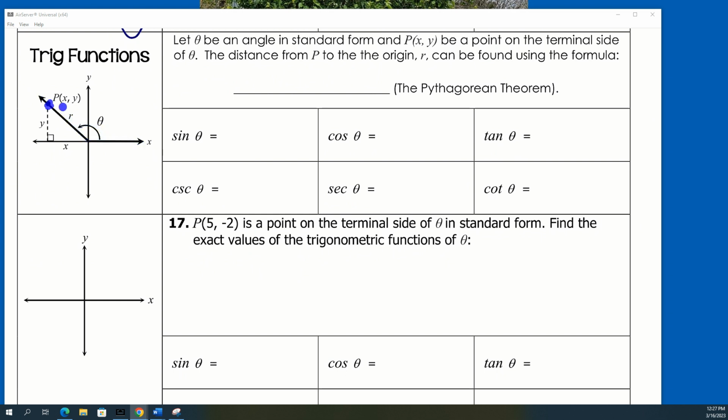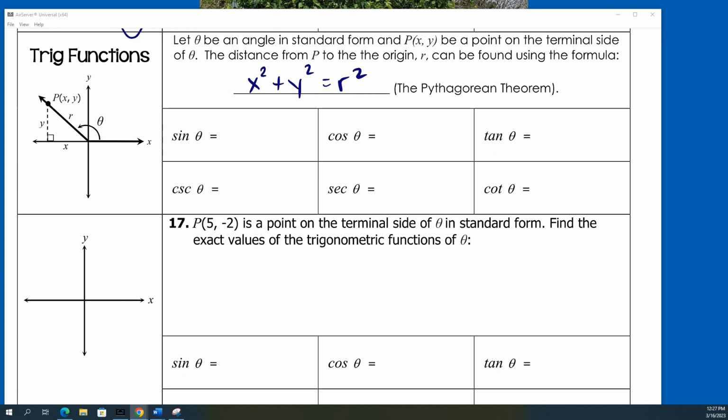And then here's our point that's on that angle. And the distance from the point to the origin is r. And if we want to find r, we're going to do x squared plus y squared equals r squared. Now, that is the Pythagorean theorem, just instead of with a, b, and c, it has x, y, and r.